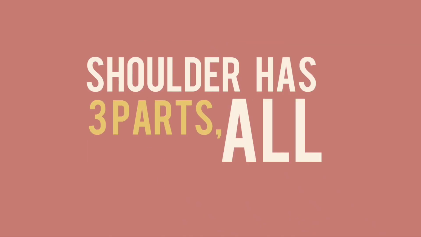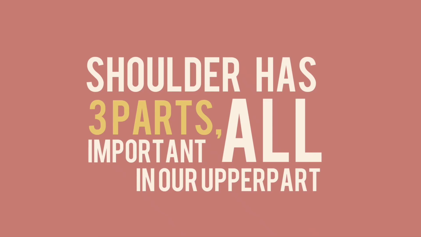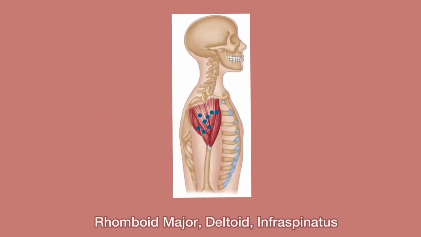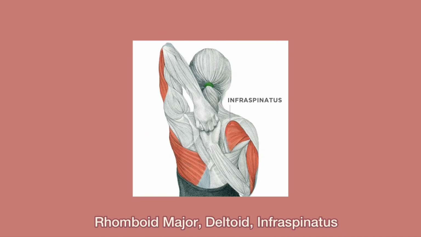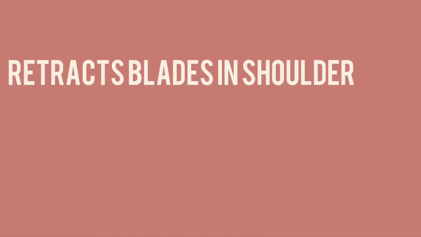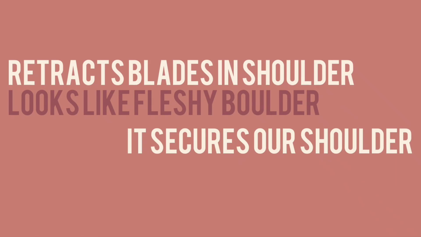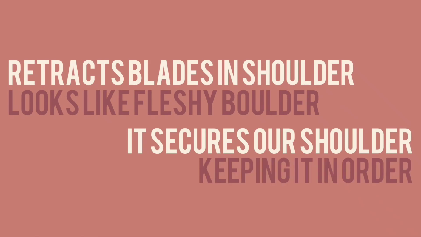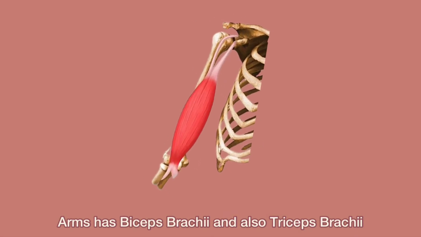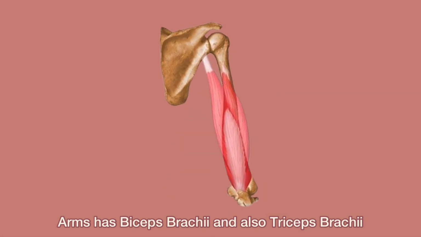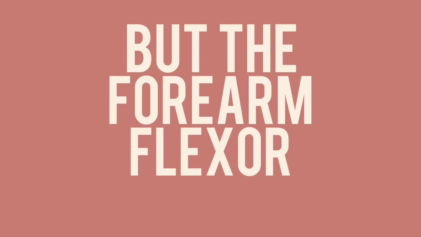Shoulder has three parts, all important in our upper part: rhomboid major, deltoid, infraspinatus. Retracts plates in shoulder, looks like fleshy boulder. It secures a shoulder, keeping it in order. Arms has biceps brachii and also triceps brachii, but the forearm flexor is called brachialis.